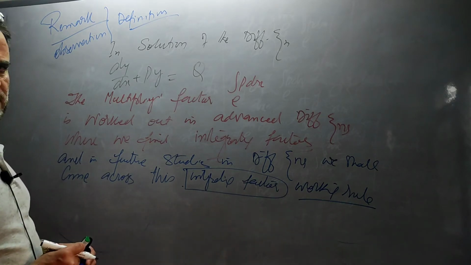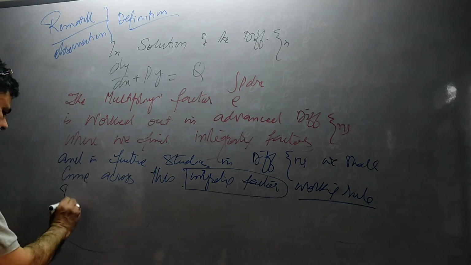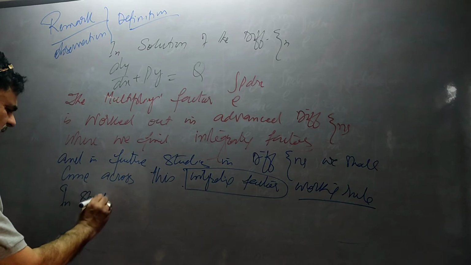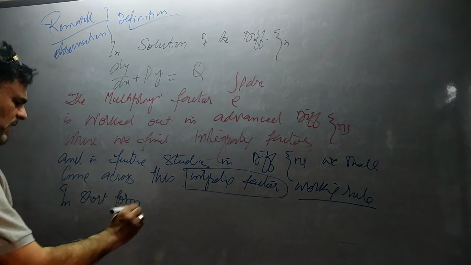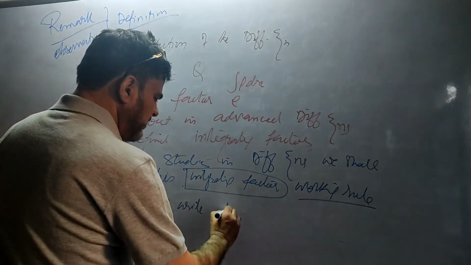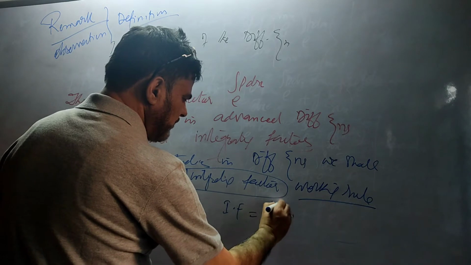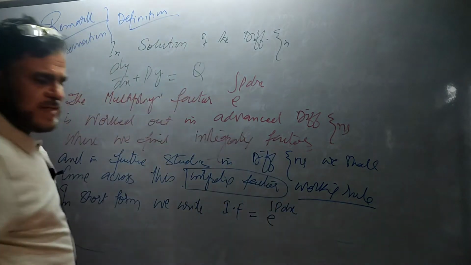There we find out this e raised to the power integral of p dx. By this method, in short form, we write the integrating factor as e raised to the power integral of p dx in this equation.